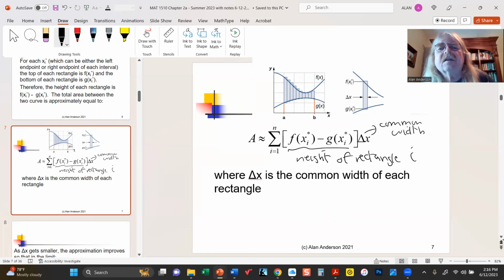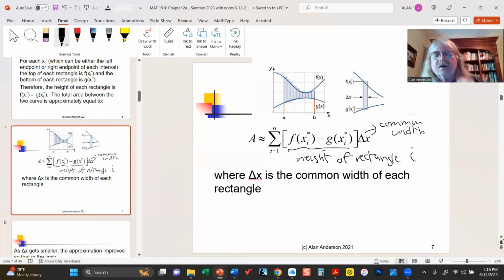But if you notice, especially on the left, those rectangles are a little too tall. And so it looks like, in fact, on the bottoms, they're a little too low too. It looks like the way this graph is written, the rectangles will be a little larger than the actual area between the curves.